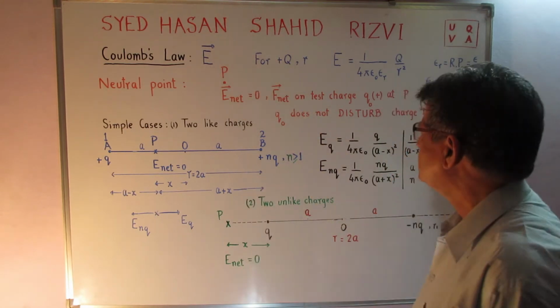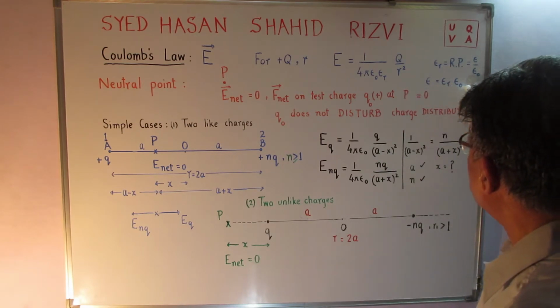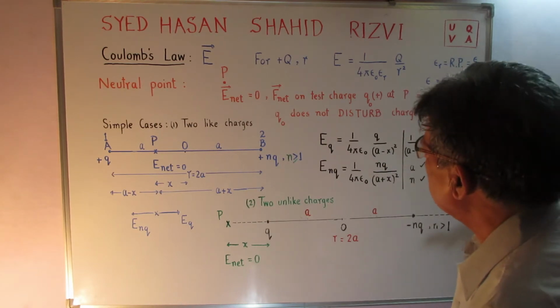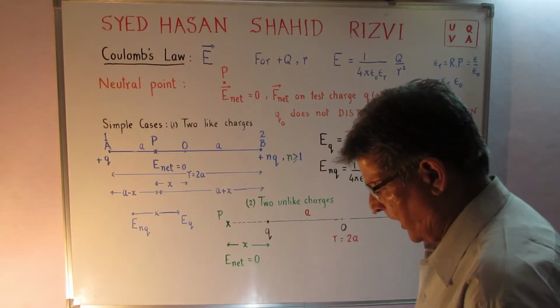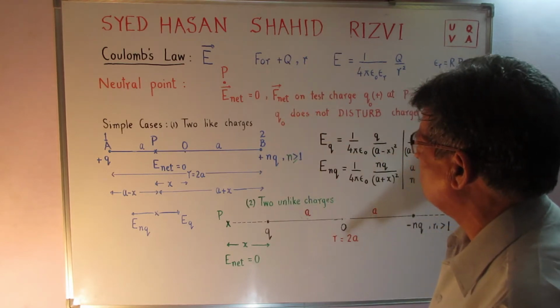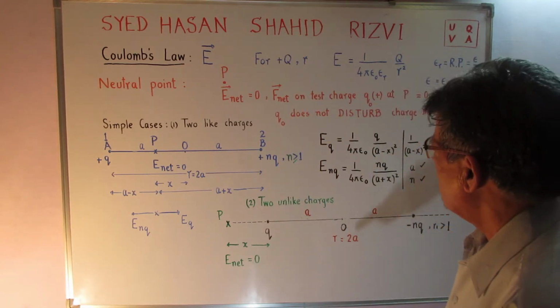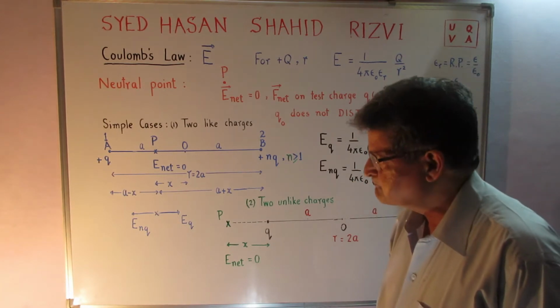So ε = ε_r × ε₀. It's only up to this point just to introduce you to the value of ε_r, but later on in all calculations that we'll make, I'll take only ε₀.